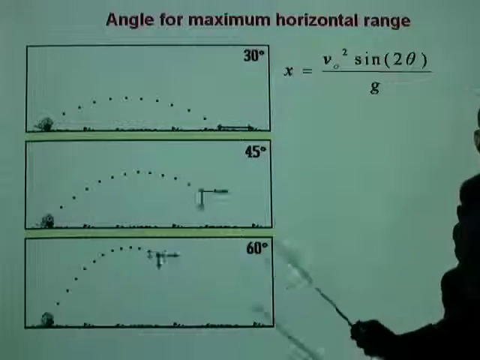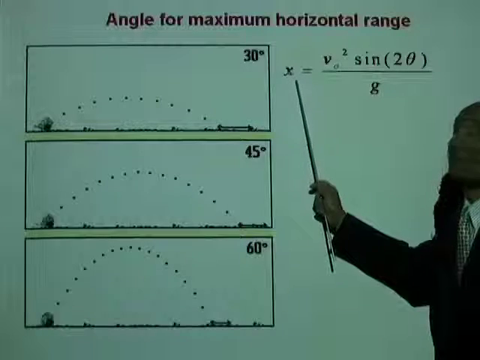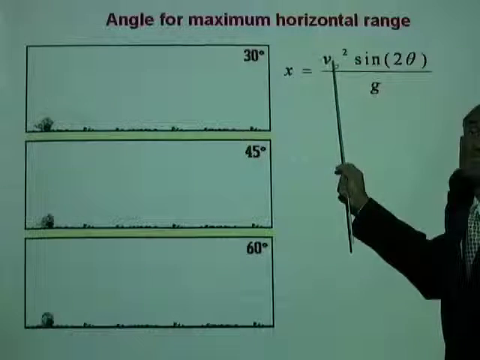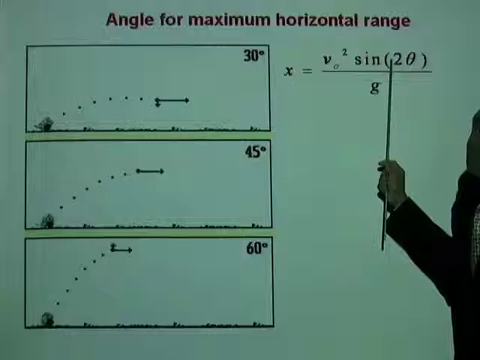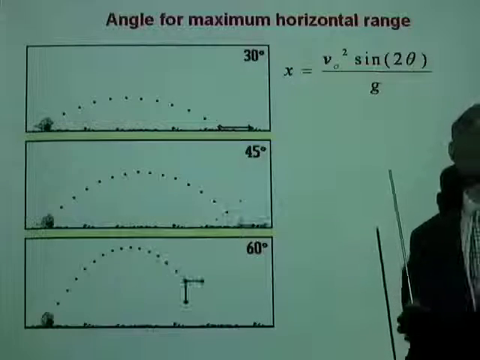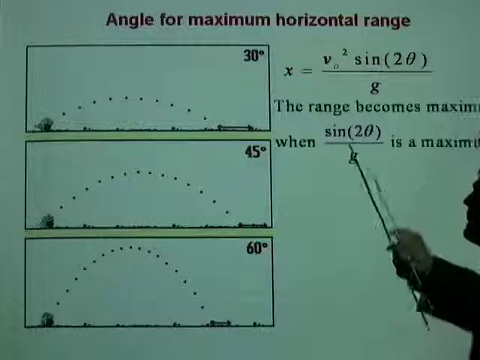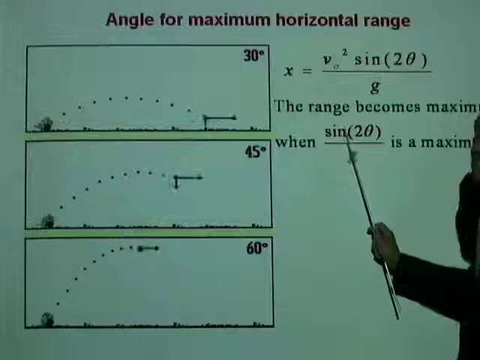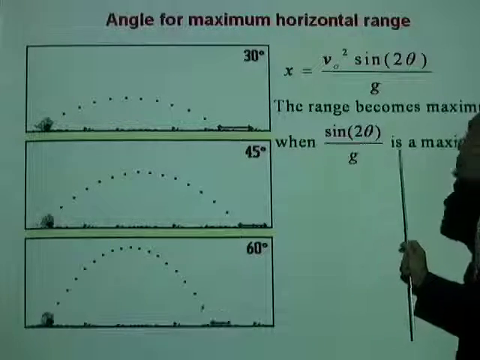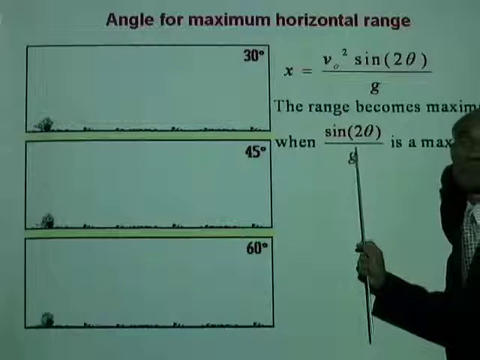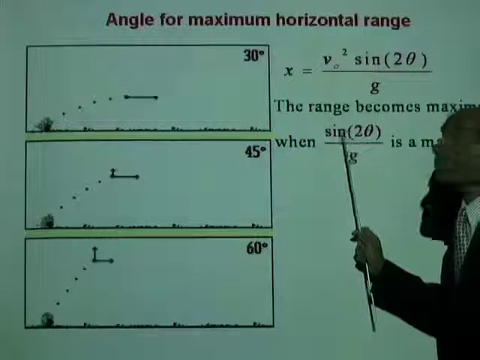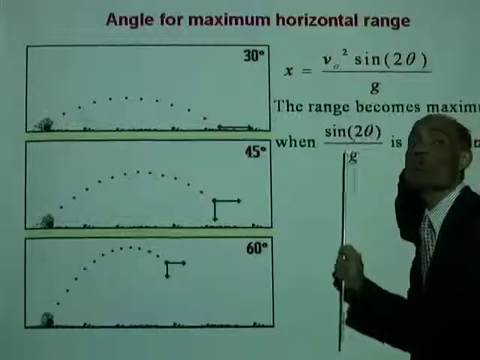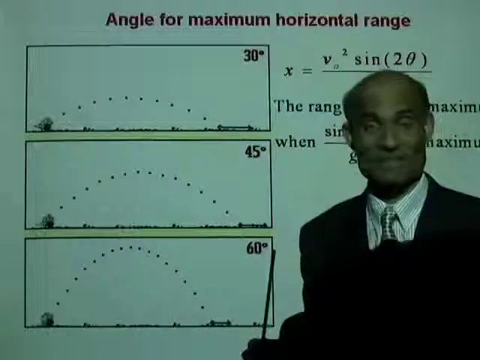Now why is it so? Let's look at the equation. The range x equal to V0 squared sine of 2 theta divided by g. Now the range becomes maximum when sine of 2 theta over g is the maximum. Now what is the maximum value of a sine function?